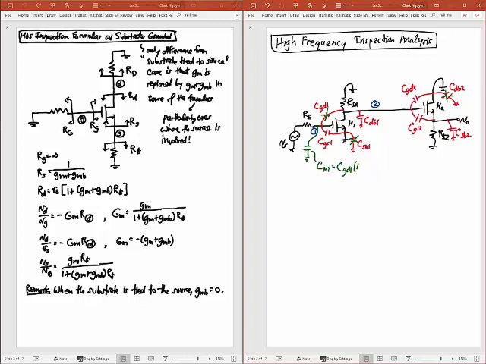Here's our chance to determine it again. It's going to be minus the GM of transistor M1 times all the resistance we see at the drain. Just like bipolar, minus GM times all the resistance we see at the collector. Okay? Except in this case, just the drain. So minus GM, minus minus GM is plus GM. So I have a plus GM1 there.